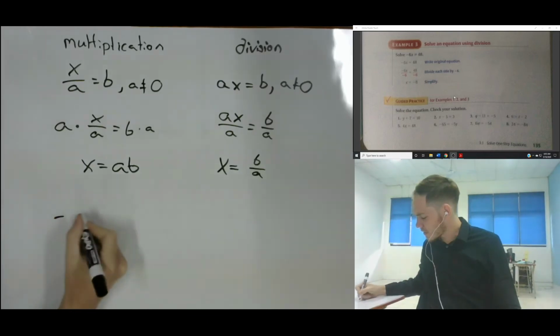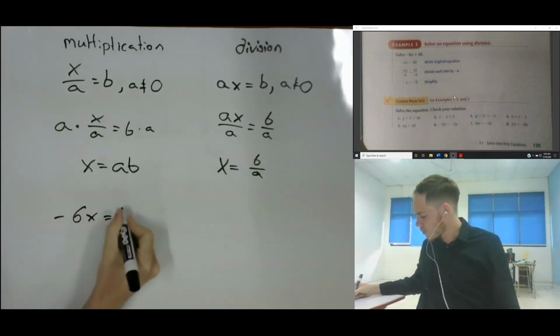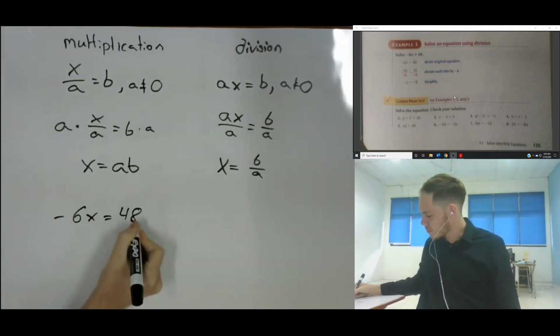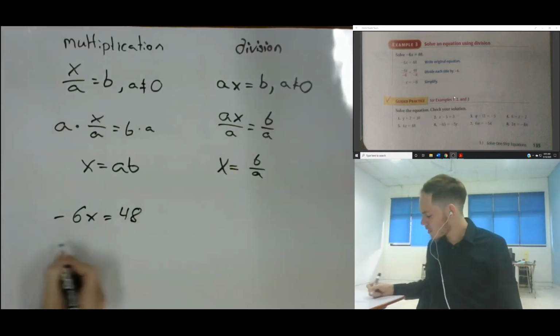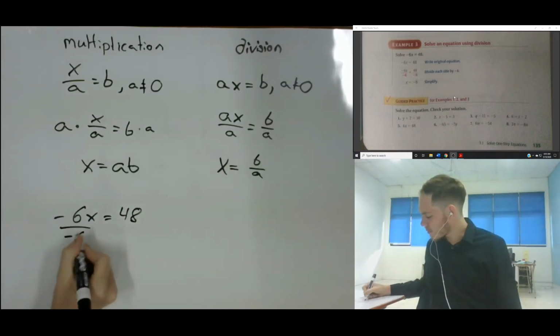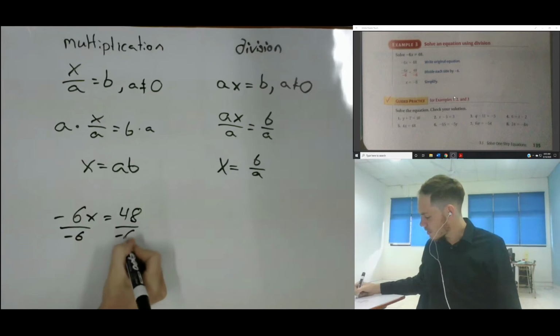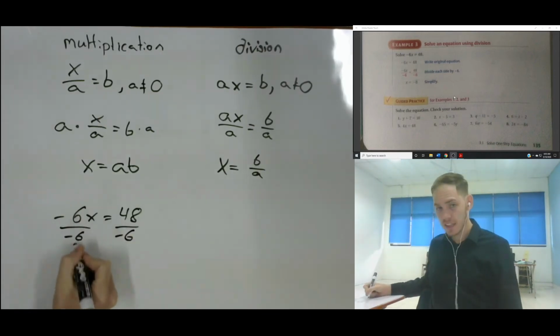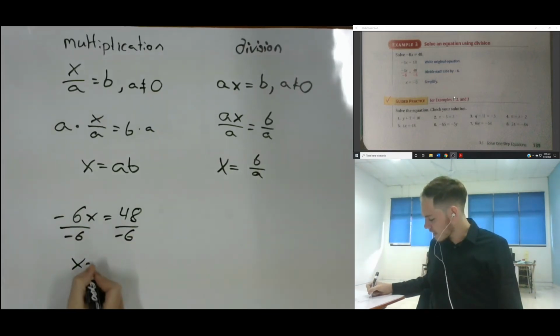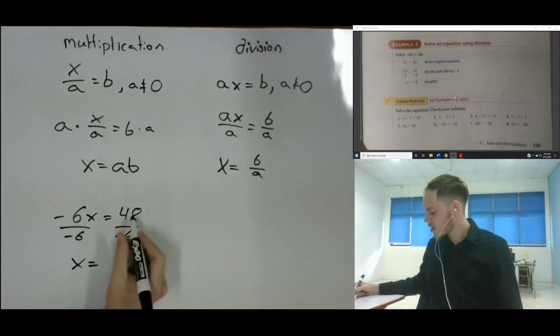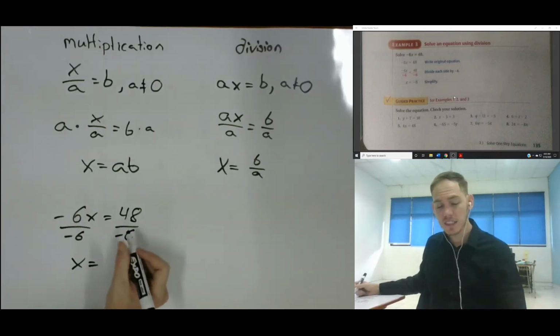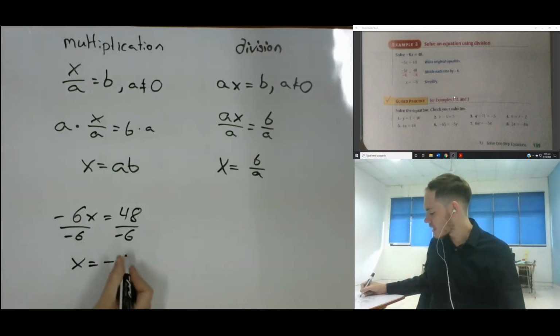So if you have negative 6x equals 48, this will be using the division property. We will divide by negative 6, so the negatives cancel and you get x. 48 divided by negative 6 is going to provide us negative 8.